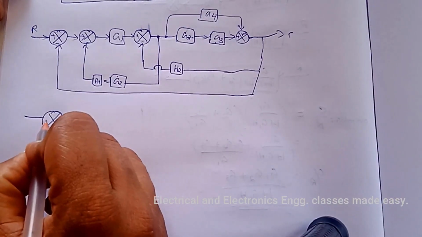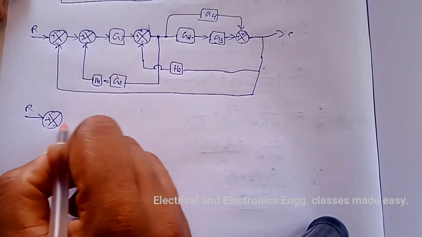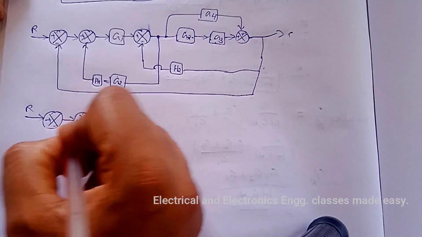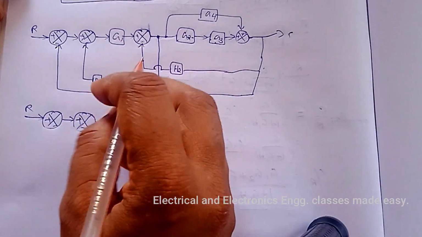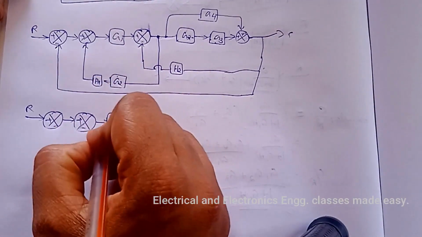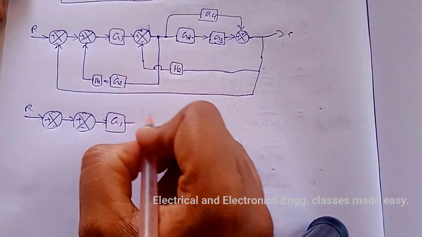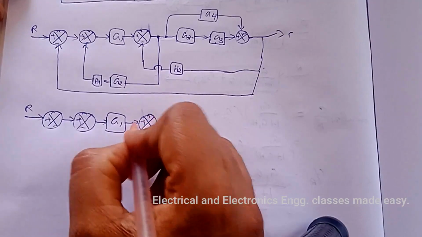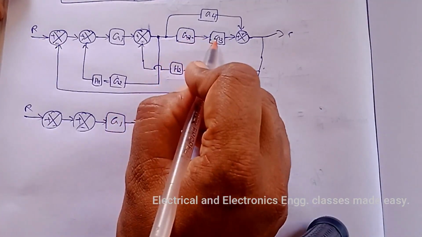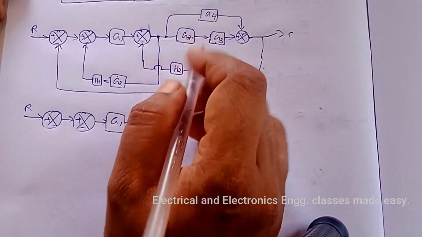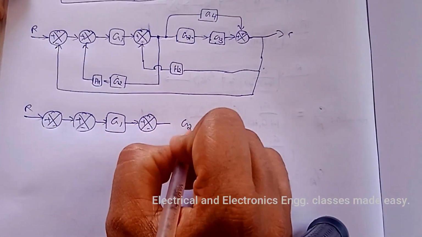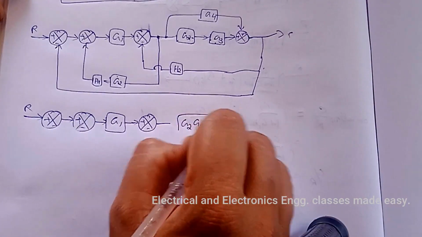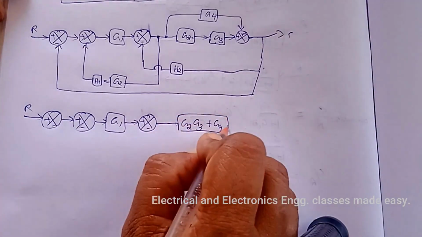So R, then summing point, then G1, then this summing point is there. Now multiply these two and add with G4, that is G2 G3 plus G4 is the transfer function of that block.